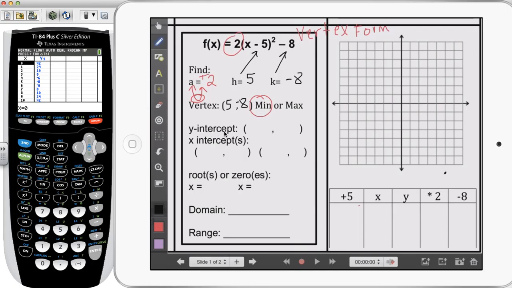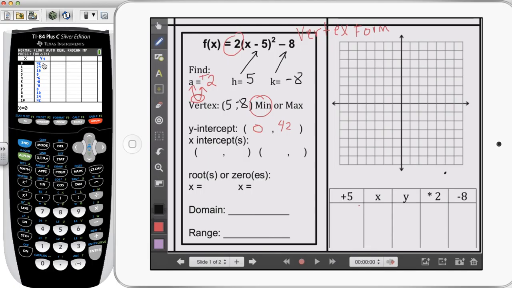So they want the y-intercept. What is the y-intercept? The y-intercept is the point on the y-axis, so where the graph crosses the y-axis, and it will always have an x of 0. So if you look at your calculator, you'll see that (0, 42) is going to be your y-intercept. So again, the y-intercept is where the graph crosses your y-axis.